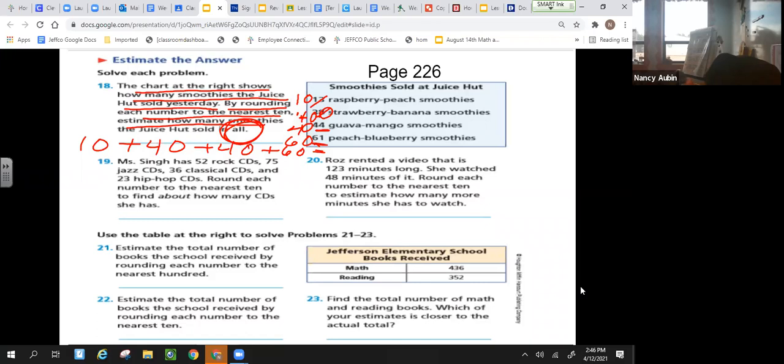All right, Charlie Carr, tell me what you did and why. What did you add together first? I added 10 plus 40. And I got 50. Okay, he added 10 plus 40, you got 50.